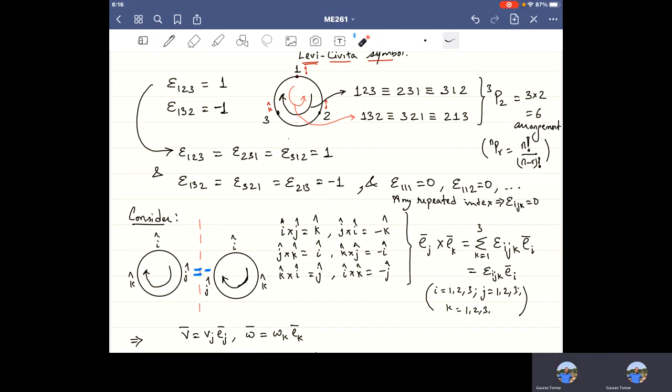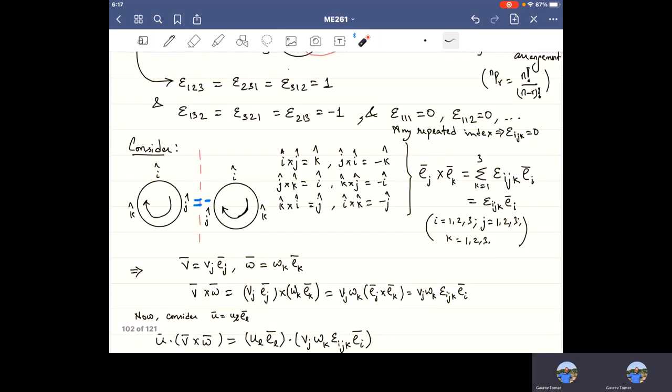Now we can sort of get rid of this summation by using Einstein's notation. You can just say this is epsilon ijk and i is repeated. So you know it's a summation over epsilon 1jk e1 plus epsilon 2jk e2 plus epsilon 3jk e3. And this would be true for all i, j, k, running from 1 to 3.